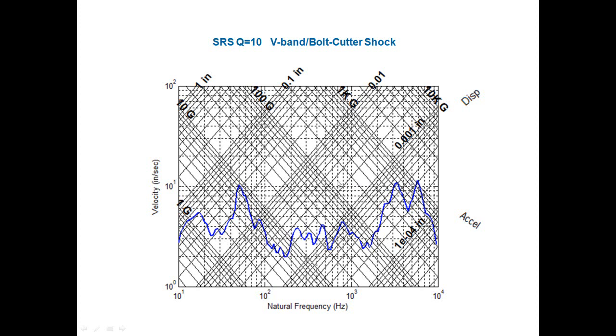The peak velocity is within about 12 inches per second, and 12 inches per second is well below the conservative 50 inch per second threshold via that empirical formula that we took a look at earlier. So this V-band bolt cutter shock is really not so severe after all. Having said that, though, when in doubt, test.